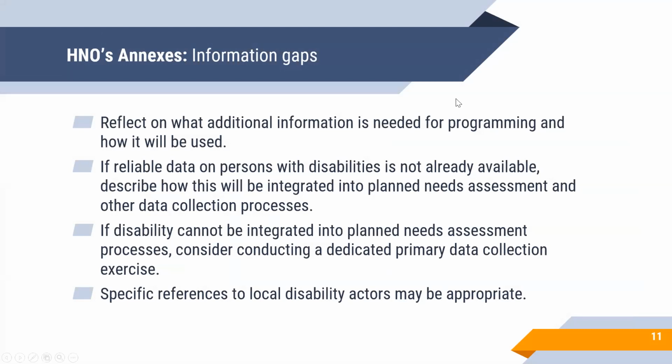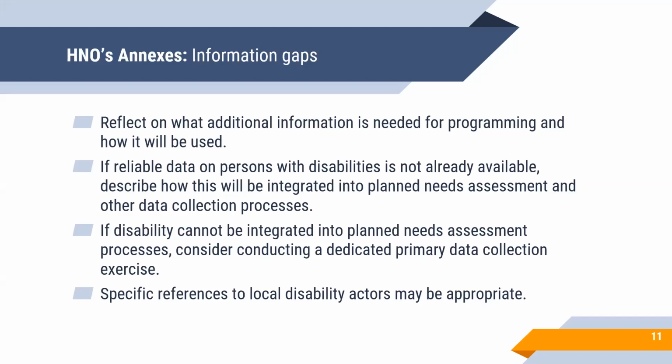And then we have the annex, which is the last part of the HNO. Usually we need to understand here that most of the time, we will have information gaps. Even if you have information gaps, and we accept that sometimes, because of the lack of information or because we are unable to collect it, it's very important to acknowledge this information gap.